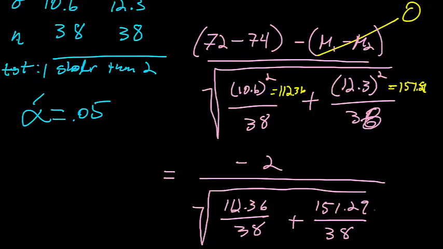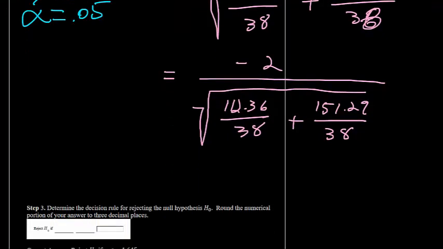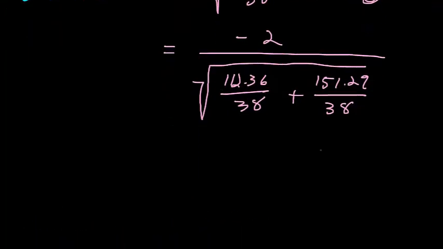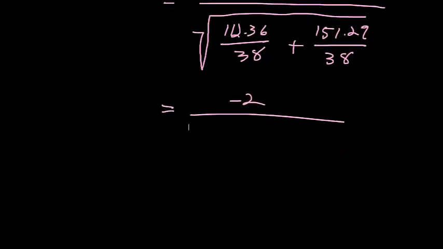So the denominators are the same. I can actually add these together, right? But let's not get fancy. Let's just do the work. Let's write it down again. We're going to need more space. This is equal to negative 2 on top over the square root of 112.36 divided by 38.